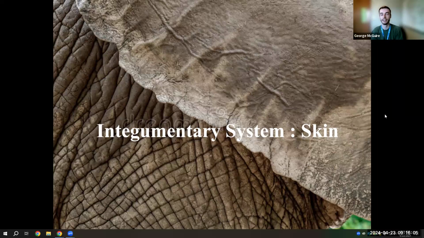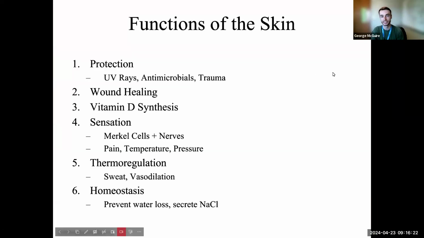But underneath that, we have some layers of connective tissue, and then we have various accessory structures embedded within our skin that also play a role in this integumentary system. So hair, nails, etc. So we're going to talk about all of those things and how they work together to provide these 6 major functions to our body.